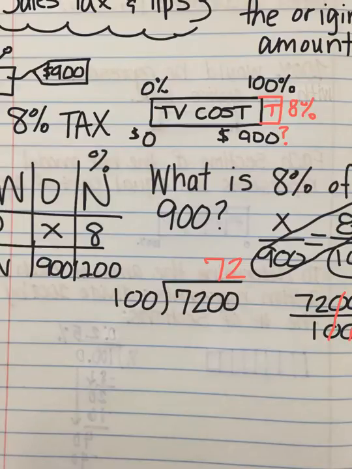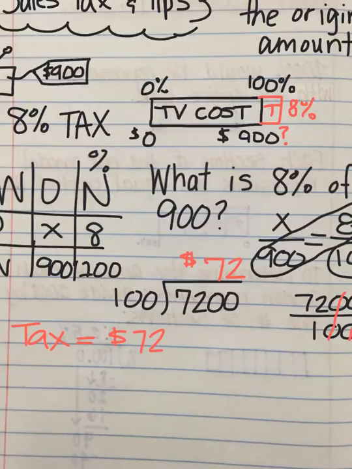Is 72 my answer? No. What does 72 represent? It represents the tax. So what do I do now? What did we say in our model we had to do with it? Add it to the original amount. So how much are we going to pay for this TV? $972.